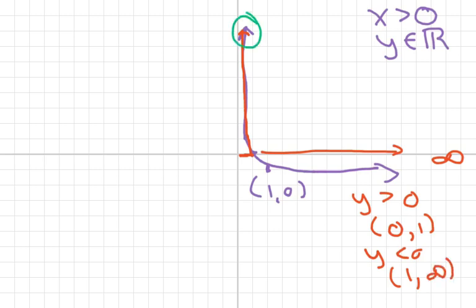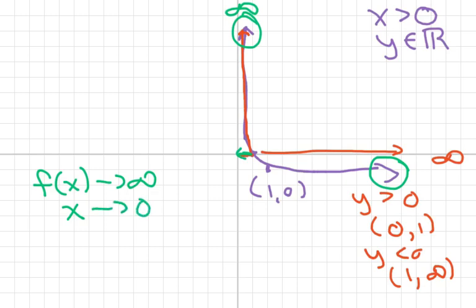Now for end behavior, we're looking at what's going on at the ends. As f of x approaches infinity, that means your x is approaching 0.